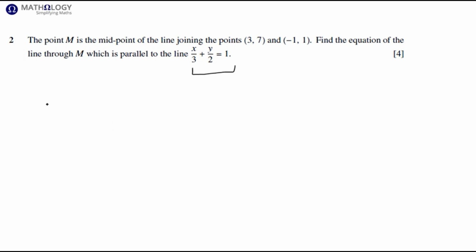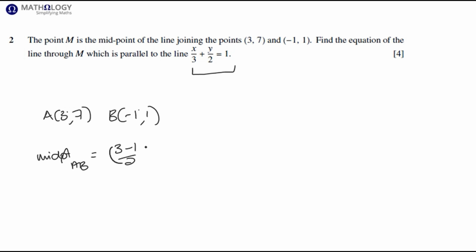Okay, so M is the midpoint of these points, which we'll just call A and B. So the midpoint of AB will be (x1 + x2)/2, so (3 - 1)/2, and the y coordinate will be (y2 + y1)/2, so (7 + 1)/2. 2 over 2 is 1, and 8 over 2 is 4, so M is the point (1, 4).